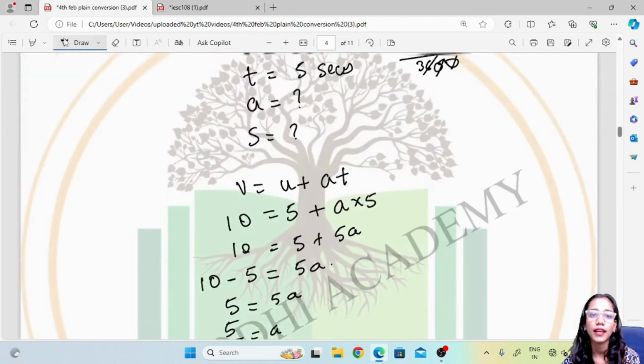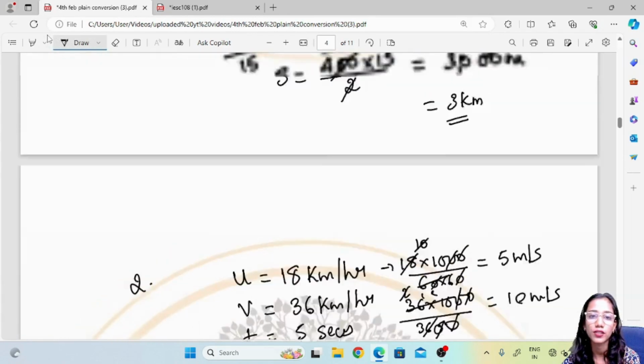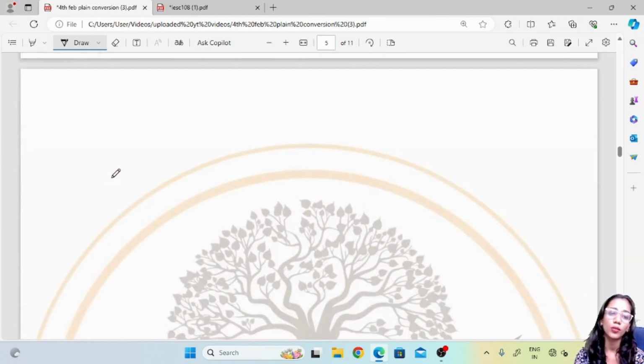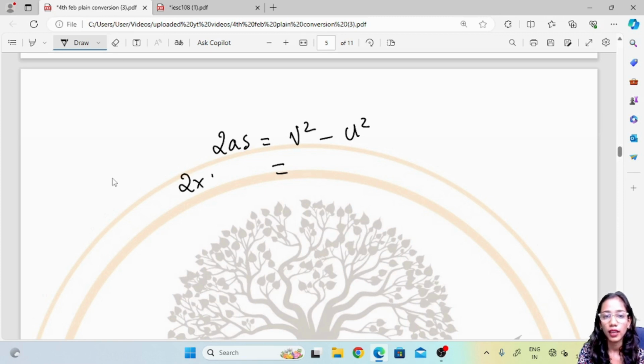Now the next part is to find the distance, to find s. Same way, we can use the same formula: 2as equals v square minus u square. 2 we know, a is 1, s is what we need to find, v square is 10 square, u is 5 square.